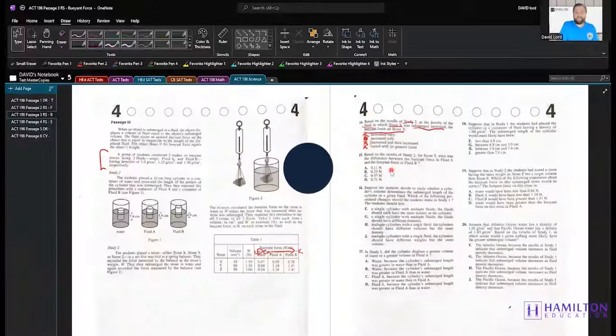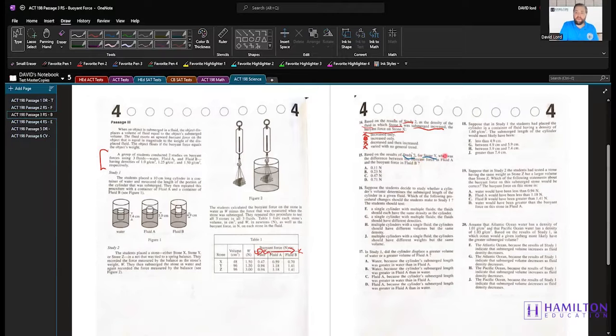Question number 15. Based on the results of study 2, so again, we're looking at the same place, but this time for stone Y, what was the difference between the buoyant force in fluid A and the buoyant force in fluid B? So going to stone Y, we have fluid A right here, and then fluid B right here, and we want to find the difference, or in this case, subtraction. So 1.41 minus 1.18.